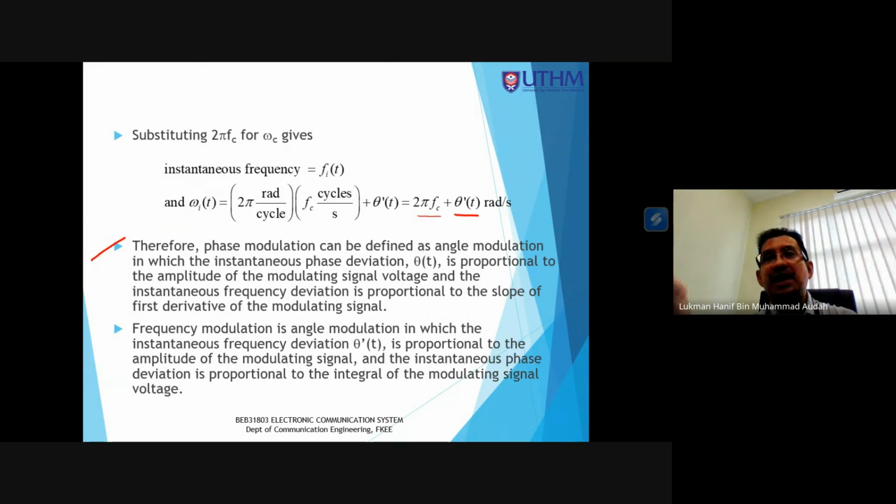While phase modulation, PM, is the process of changing the phase of the carrier in accordance with the amplitude variation of the input signal. Simple as that. You don't need to memorize every word, every sentence from the lecture notes. You just need to understand the keywords of the answer.